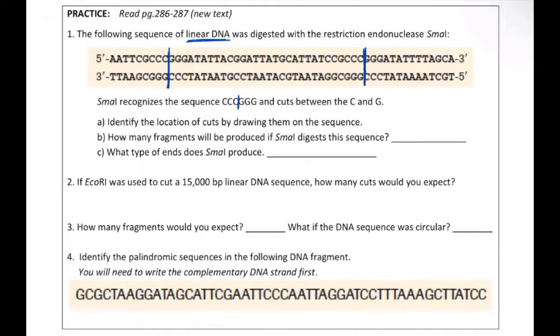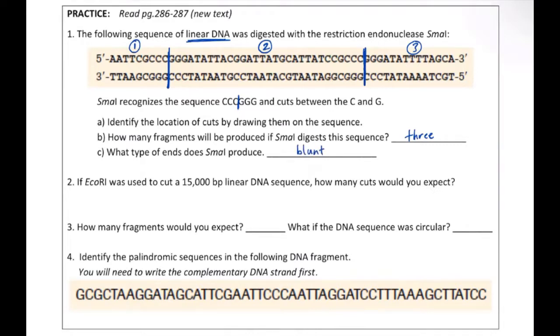That end of the string will be cut off, then there's a middle section, and a third section as well, because it's linear. So I can say quite confidently there are 3 fragments. And what type of ends does it produce? Obviously blunt ends. So that's just like one of your test questions.